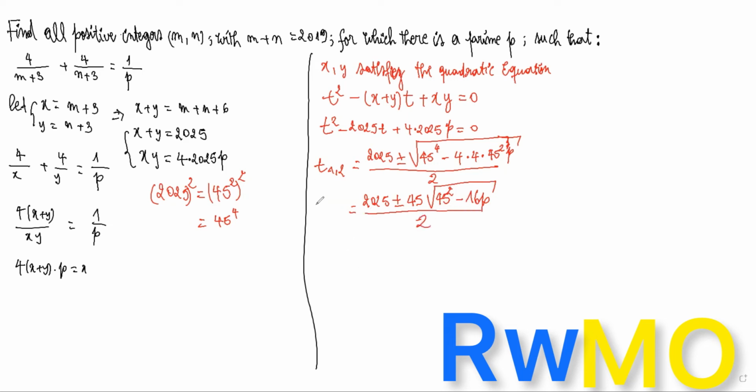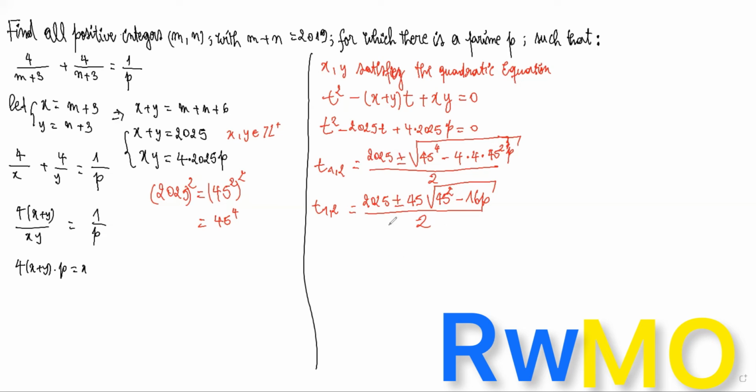Now, we know that x and y satisfy this equation. And x and y are positive integers, as we said, x is m plus 3 and y is n plus 3. So m and n are positive integers, so x and y also should be positive integers. So this equation should have integer solutions.